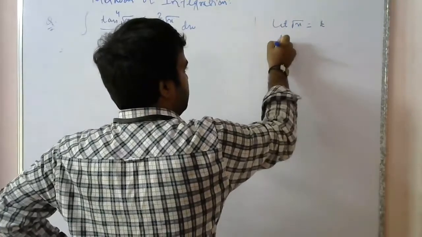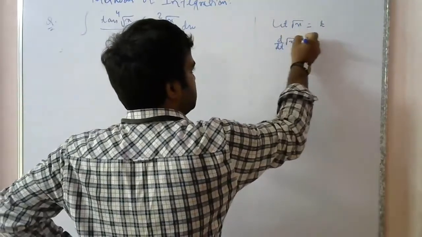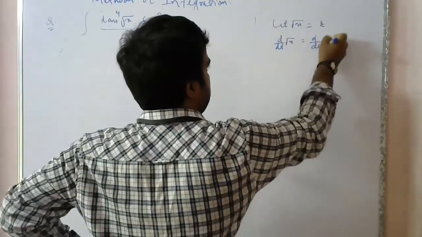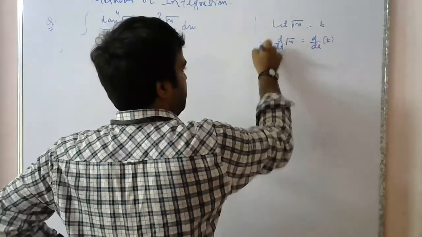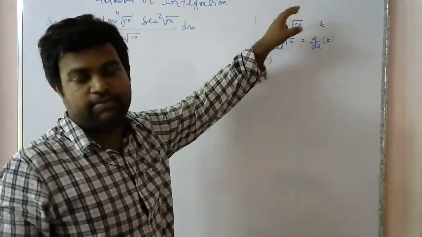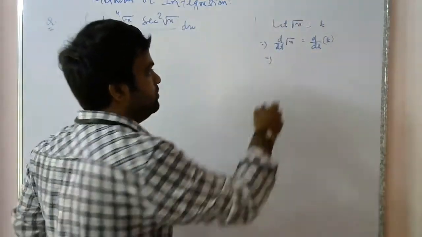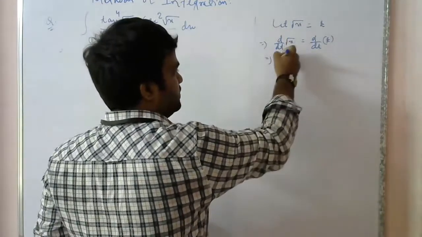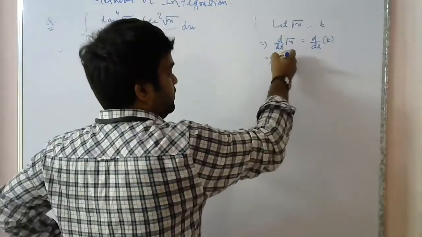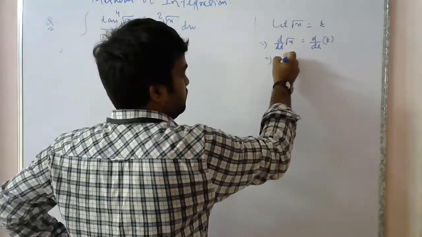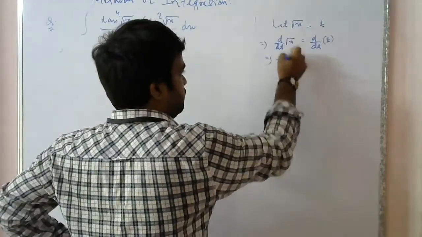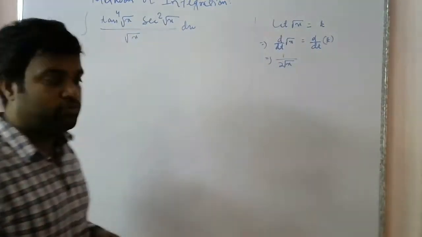Or if you write d by dx of root x, it is x to the power half, that means half minus 1, so it will be x to the power minus half. So this will give you 1 by 2 root x.